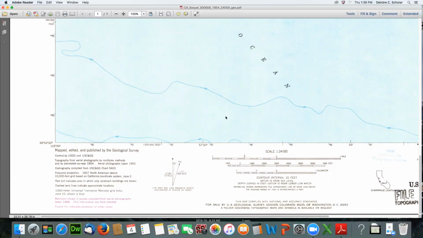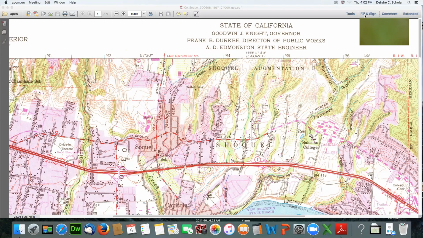Okay, that's how the water depths are determined, referenced to the average of the low tides. But the land area elevations have to do with the 1927 North American datum. So you'll notice over here, because this map does contain ocean data and land data, we actually have two different datums that are used.